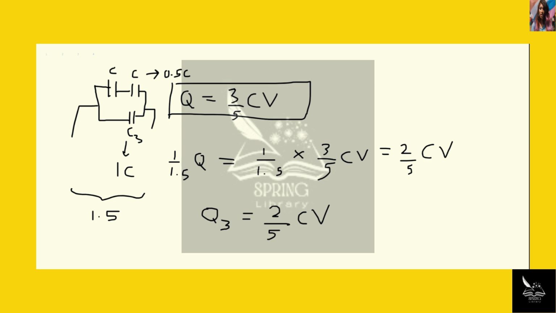Now, the charge on the series system is given by 0.5 divided by 1.5 of Q, which is equal to 1 divided by 5 CV.